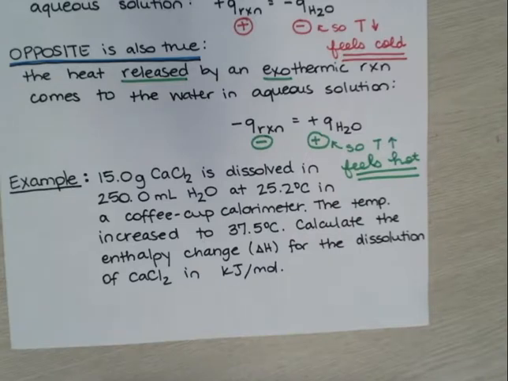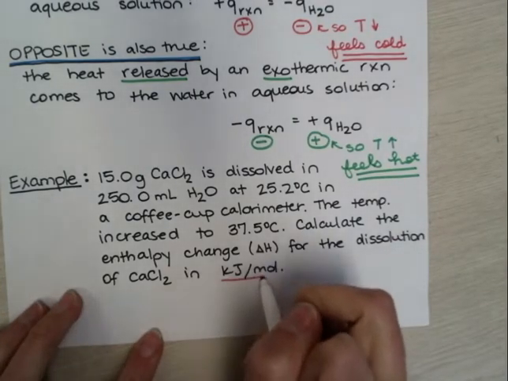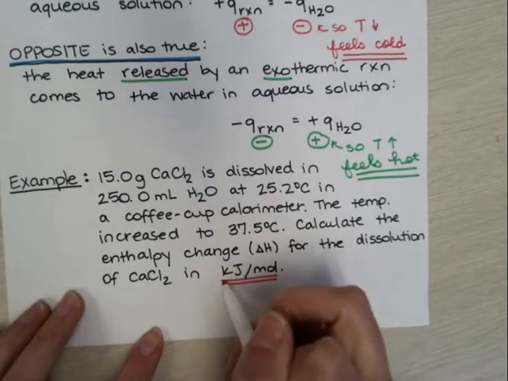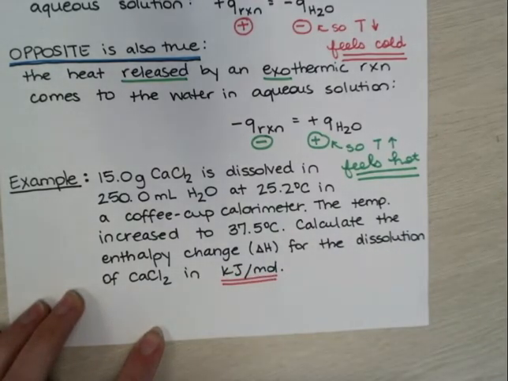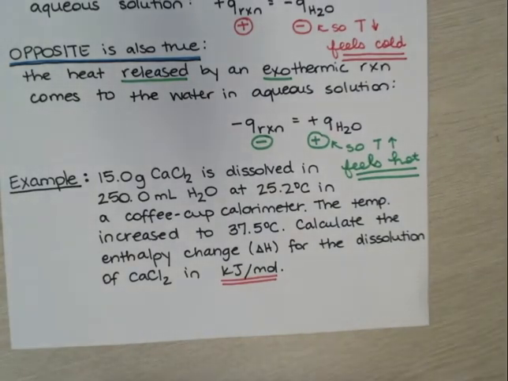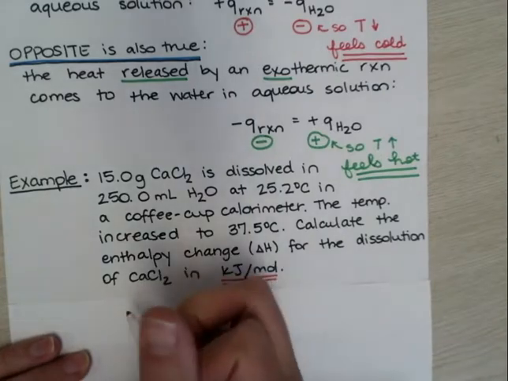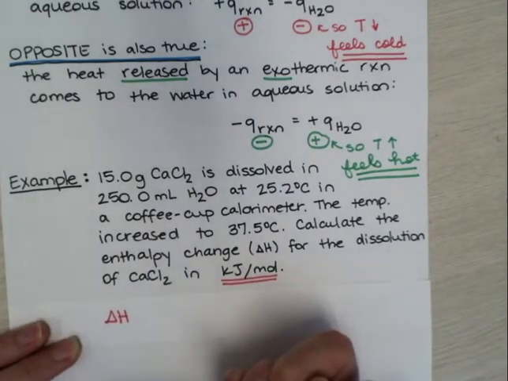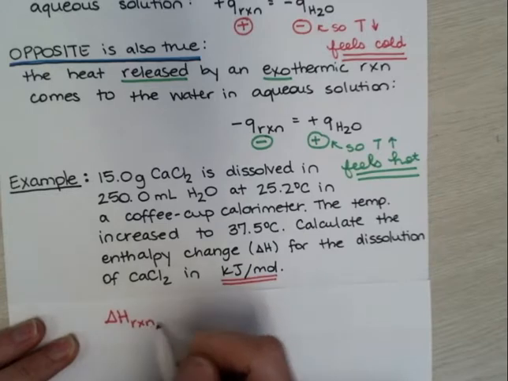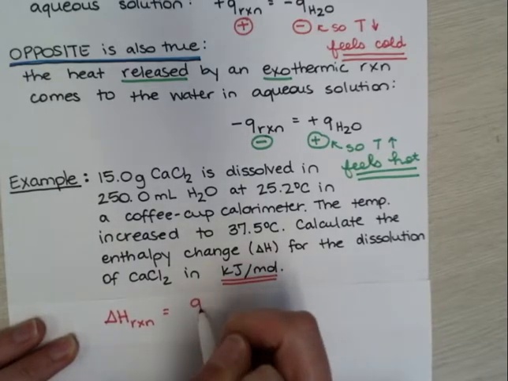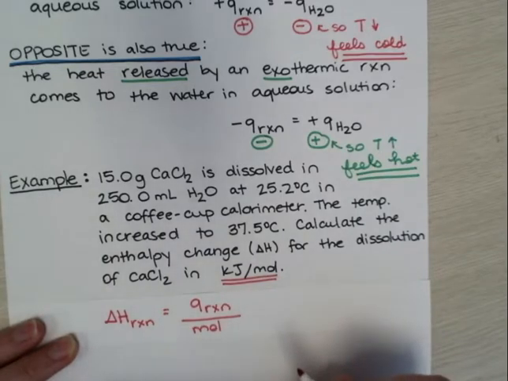Okay? So when we want to get to kilojoules per mole, that's our goal, right? I first need kilojoules and I'm going to need moles, okay? And then I'm going to divide those values. So let's first start by getting our kilojoules, okay? What you have to remember about the enthalpy change of a reaction is that it's going to equal the heat of that reaction divided by the moles, right?